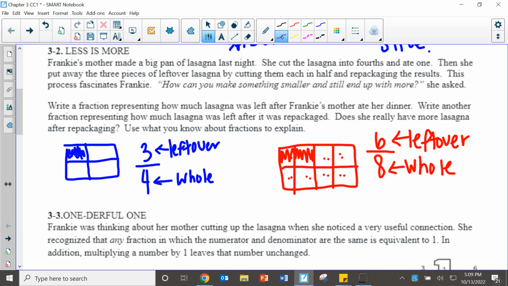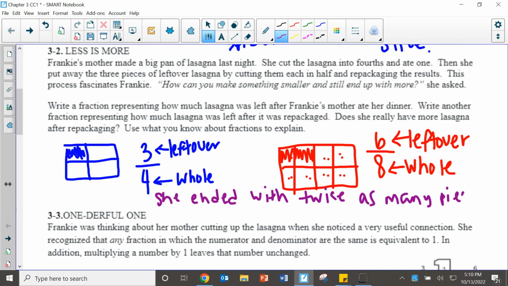So it says use what you know about fractions to explain. You could say she ended with twice as many pieces, but they are half as big.